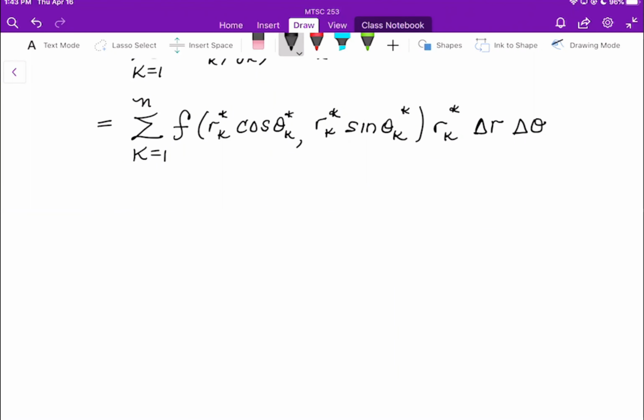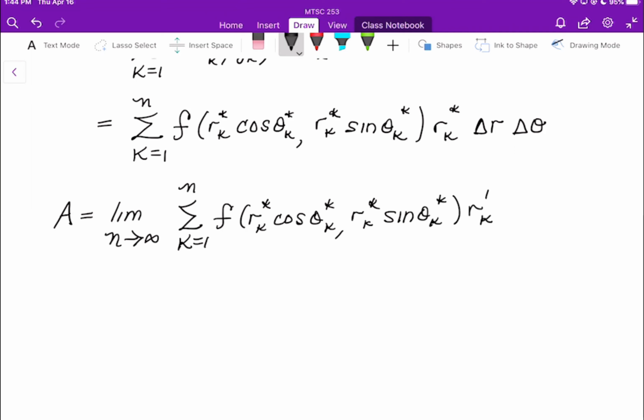So therefore, I get now that the area is going to be the limit as n goes to infinity of the sum k equals 1 to n of f of rk star cosine of theta k star, rk star sine of theta k star, rk star delta r, that doesn't look like a delta.